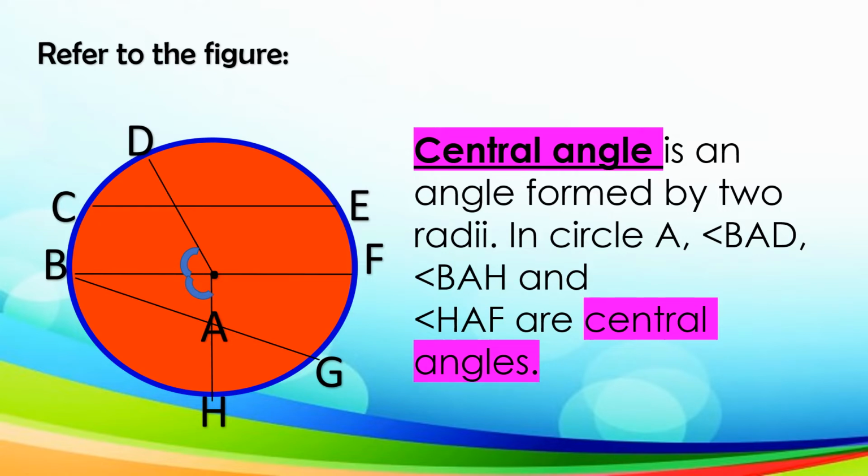Another is angle BAH and angle HAF. They are examples of central angles. Sila ay central angle dahil ang vertex nila ng angle na yan ay yung pinaka-gitna ng circle.